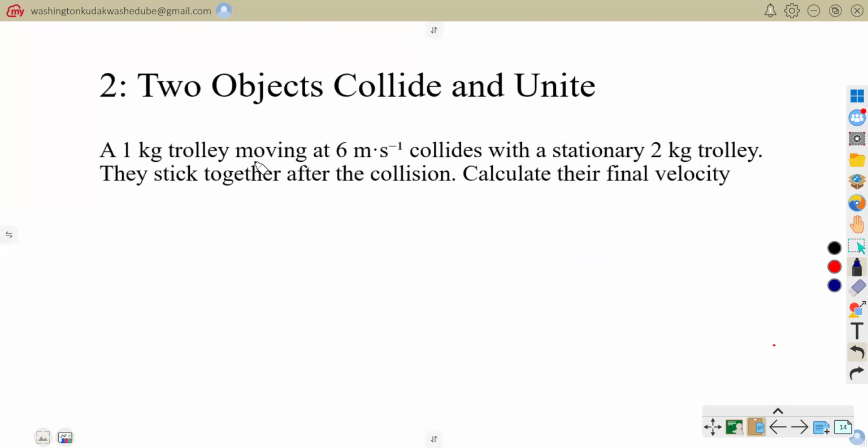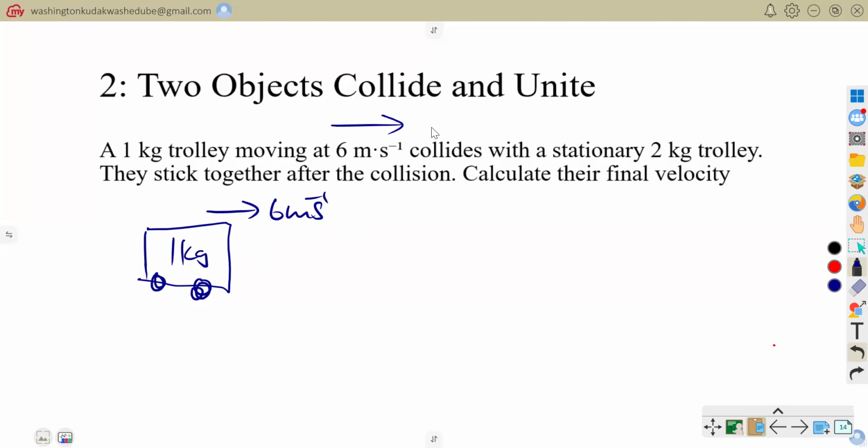A 1 kg trolley moving at 6 meters per second collides with a stationary 2 kg trolley. So we have a trolley which is 1 kg, moving at 6 meters per second. I've already determined my positive direction to be towards the right.